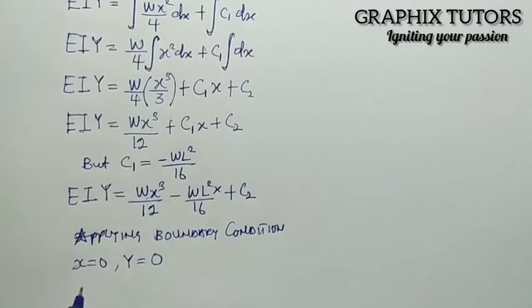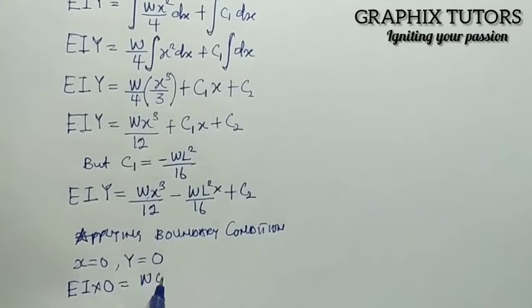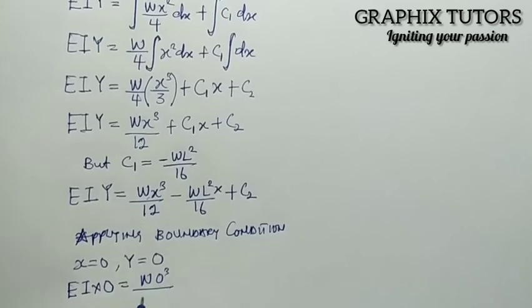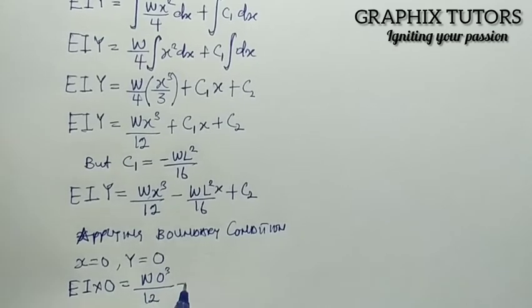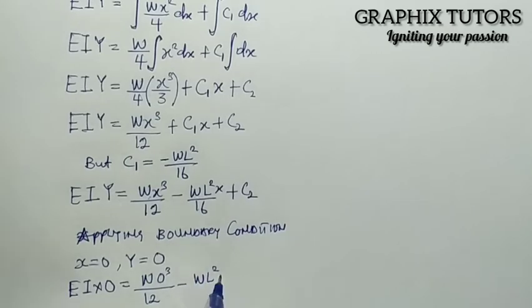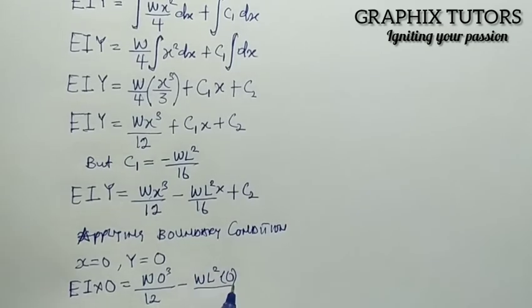So I'm going to be having EI times 0 equals to w0 cube all over 12 minus wL squared times 0 all over 16 plus C2.